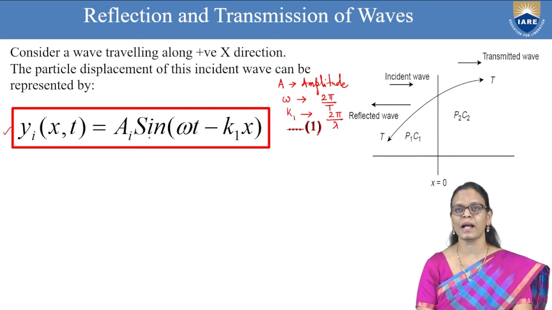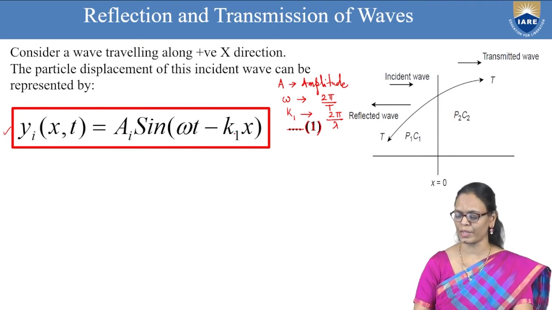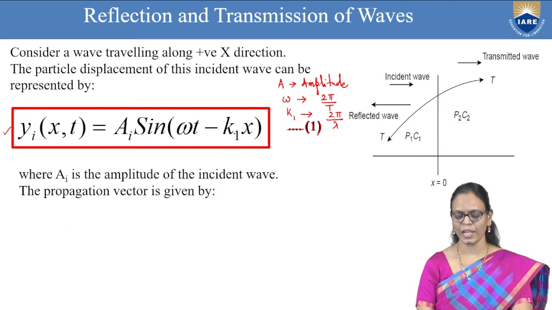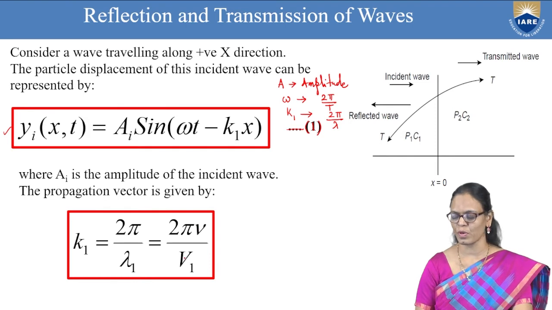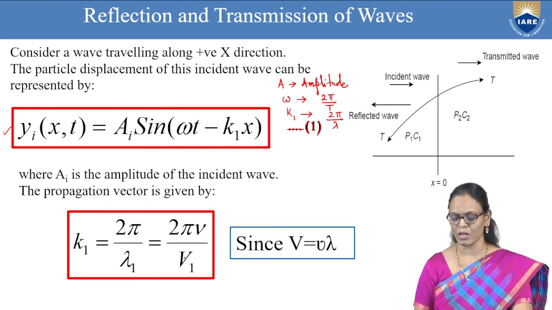So Ai sin(omega t minus k1 x). Ai is the amplitude of the incident wave and the propagation vector is given by k1 equal to 2 pi by lambda 1. And for lambda 1, we can substitute nu upon v1 because v is equal to nu lambda.